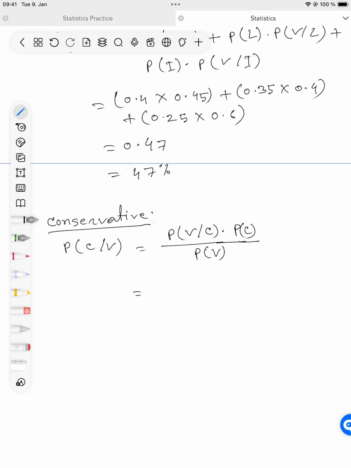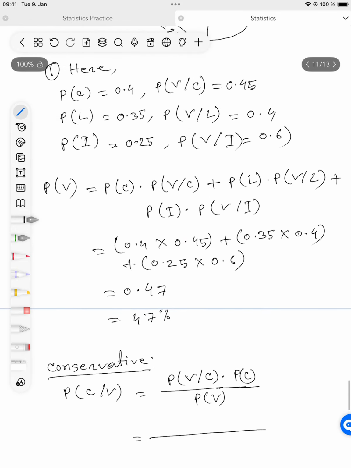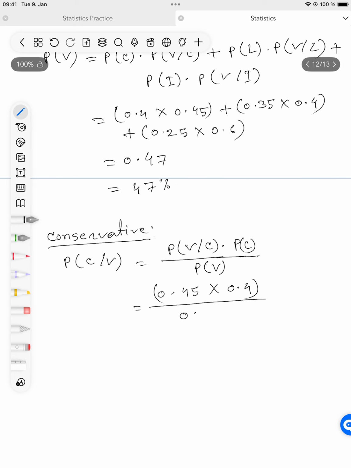What is the value of the probability of V given C? 0.45. So 0.45 times 0.4, divided by 0.47. That will be 0.383, or 38.3%.